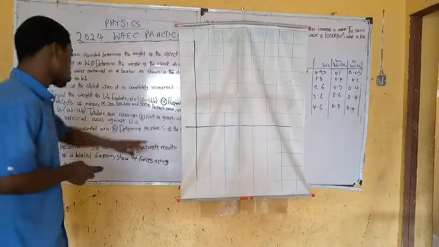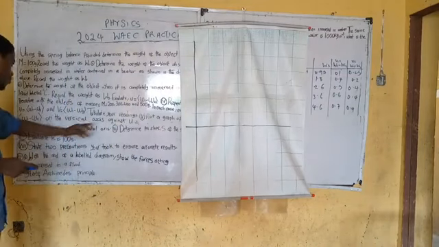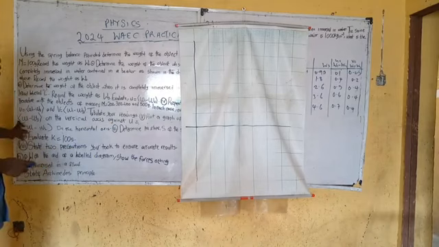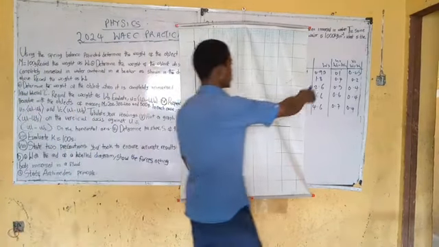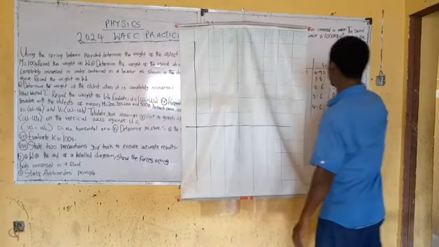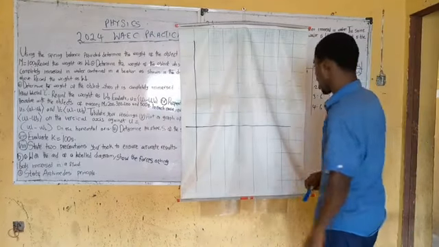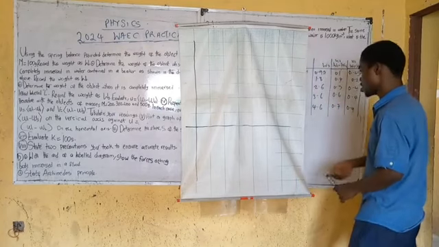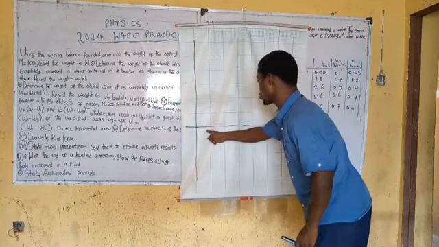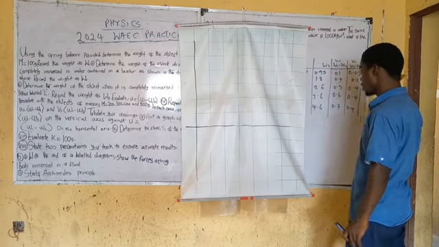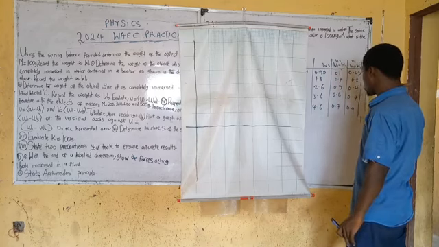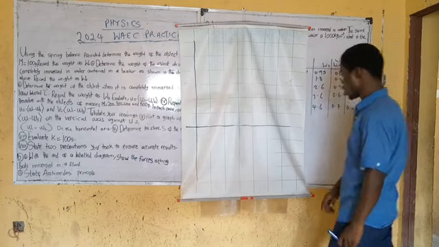We are asked to plot a graph of V, which is W1 minus W3, on the vertical axis, and U on the horizontal axis. So from here to here is 2 centimeters, which you can say represents 0.1 units.